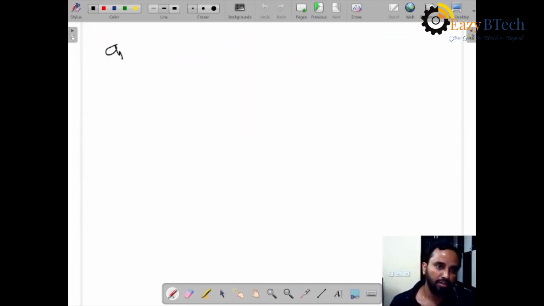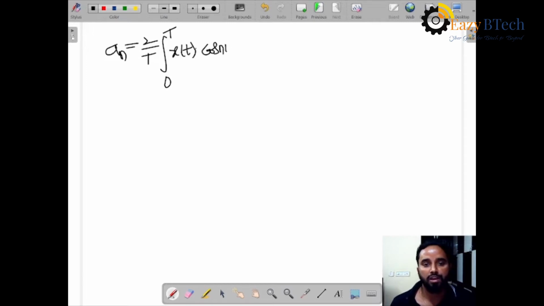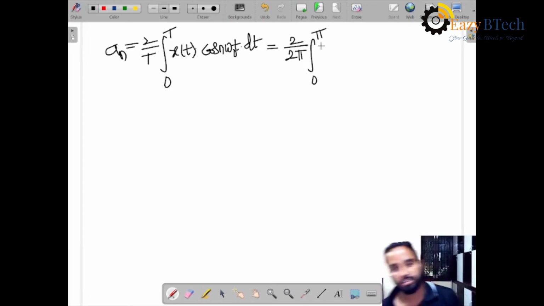So the formula: an = 2/T times the integral from 0 to T of x(t) cos(n omega naught t) dt. Here T is 2 pi, and the integral limits are 0 to pi, because from pi to 2 pi, x(t) is not available.